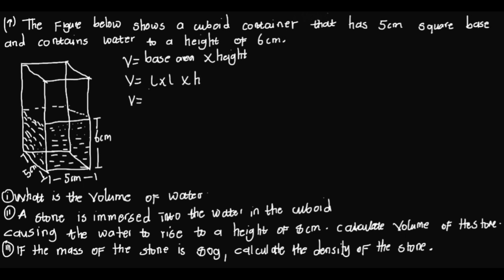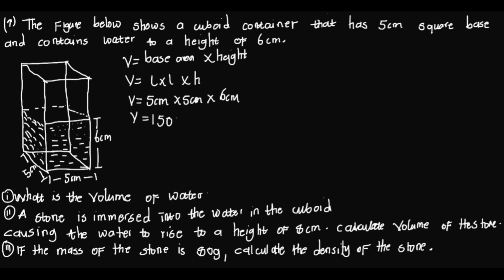So we can see that the length is 5 centimeters multiplied by another 5 centimeters times our height. The height here is 6 centimeters. So 5 times 5, that is 25. 25 times 6, that is 150.